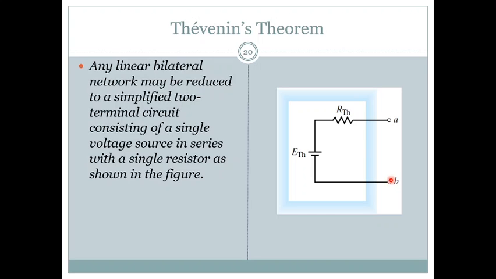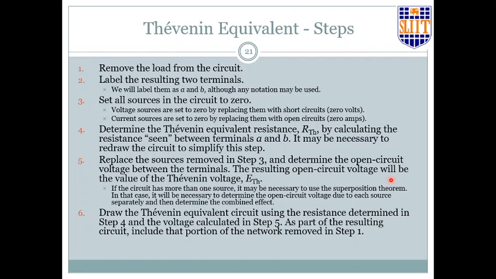Now there are several steps again we have to follow. First step is that we remove the load from the circuit, because we consider the rest of the circuit and we derive the Thevenin's equivalent for the rest of the circuit by removing the load.